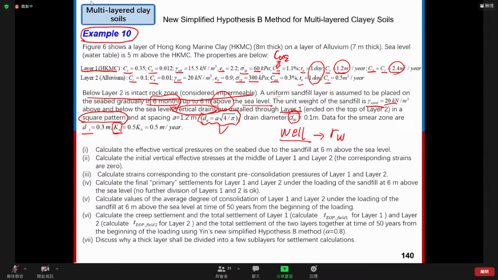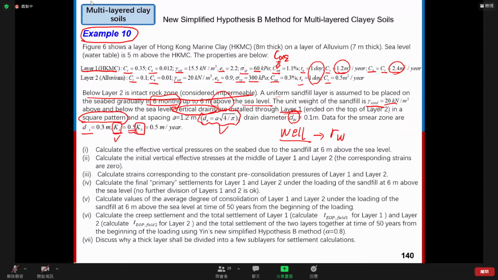So the smear zone permeability is half of the horizontal permeability of the soil. Half, 0.5, becomes smaller.